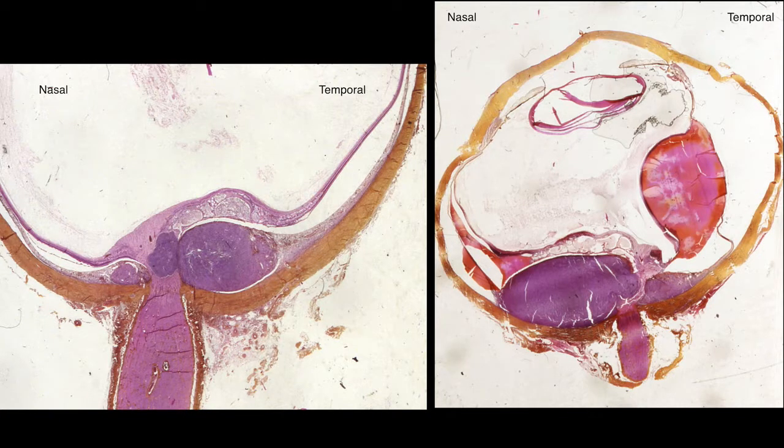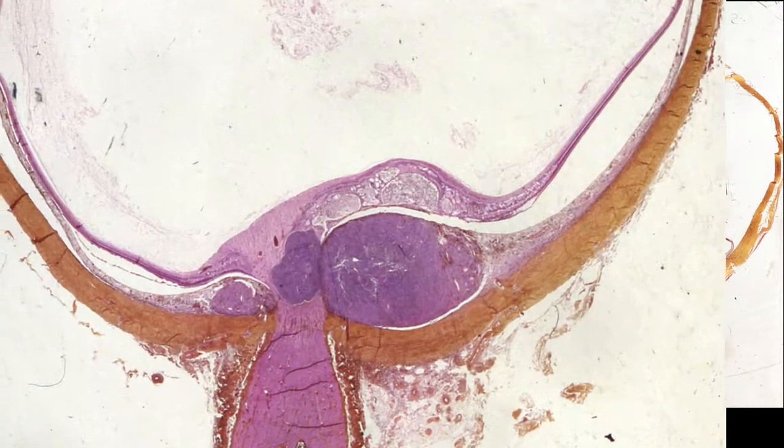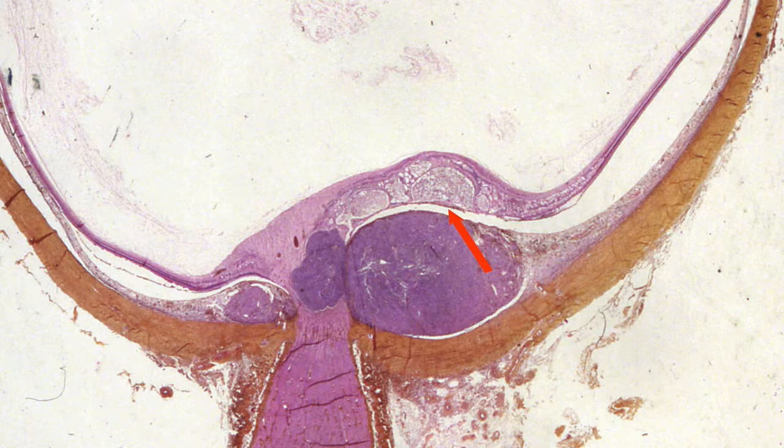Two right eyes, enucleated for malignant melanoma, compressing the optic nerve and causing ischemic lesions. In the example on the left, the macula is not detached, as demonstrated by the presence of RPE cells in contact with the neuroepithelium.